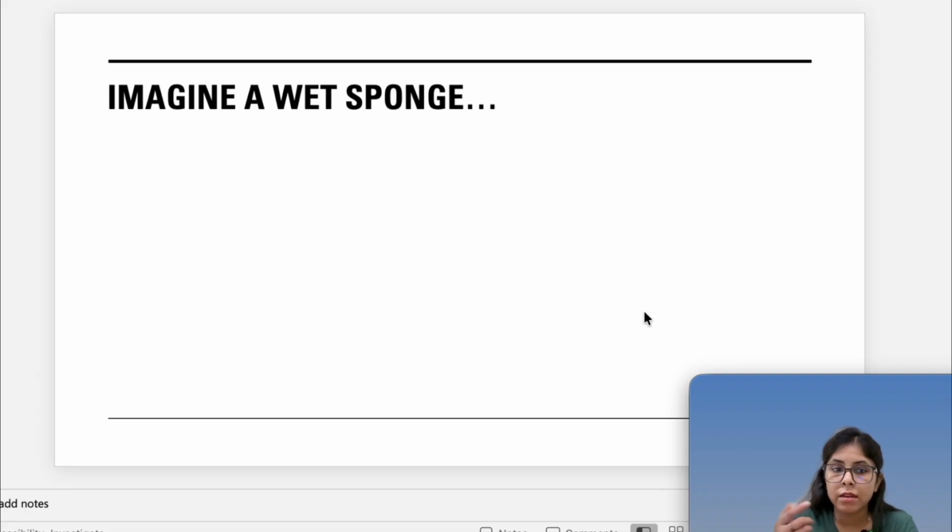And there will still be some amount of water present in the sponge even after you put in more energy and squeeze it, right? That water which is retained in the sponge is what we call retained water. It will not come out even after you apply energy. So this is in retained form.